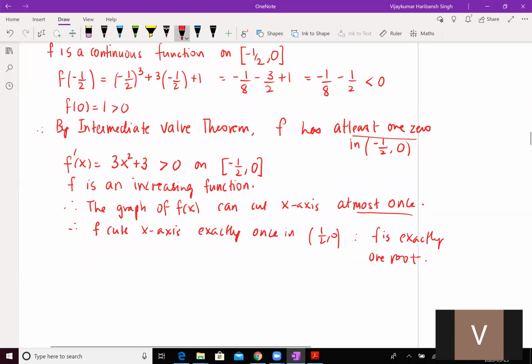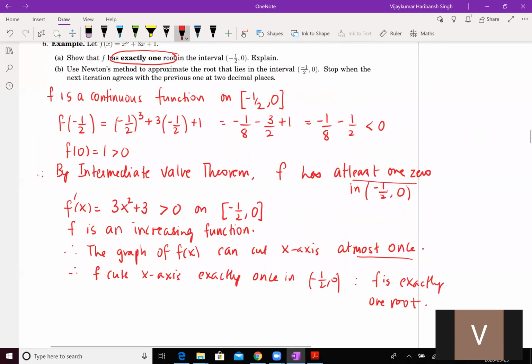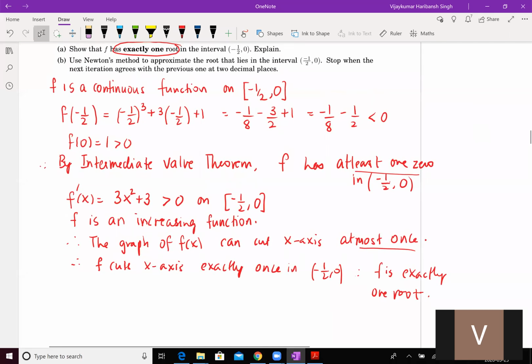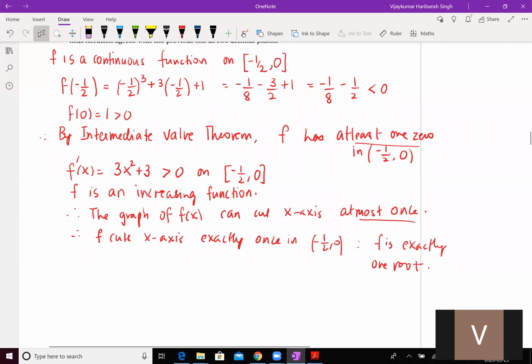Okay. So now the next part of the question: use Newton's method to find the root that lies in minus half to 0. Stop when the next iteration agrees with the previous one up to 4 decimal places. In this case, we have to set up the Newton system. So Newton's formula is xn plus 1 equals xn minus f of xn divided by f prime of xn.